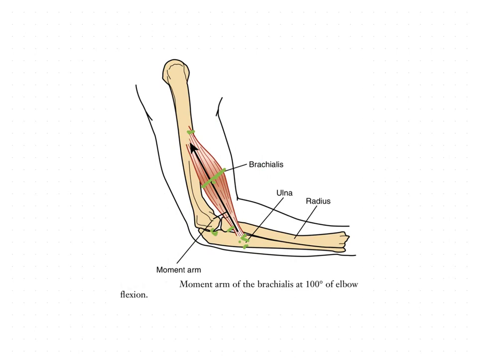Next, because the brachialis is inserted on the ulna, it is unaffected by the changes of the forearm positions which are brought about by the rotation of the radius.